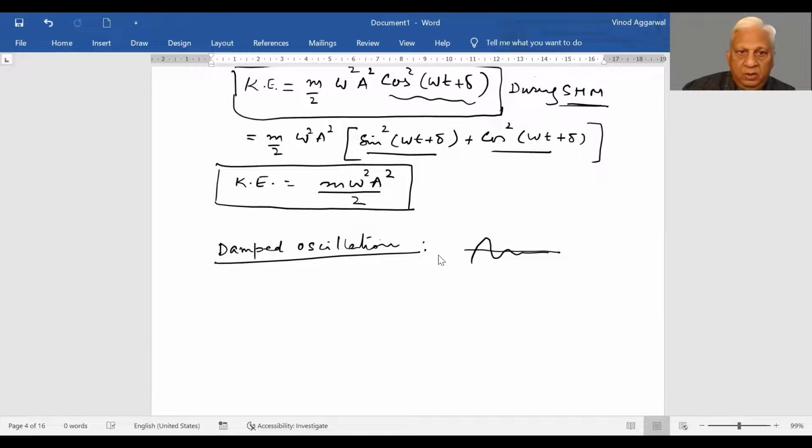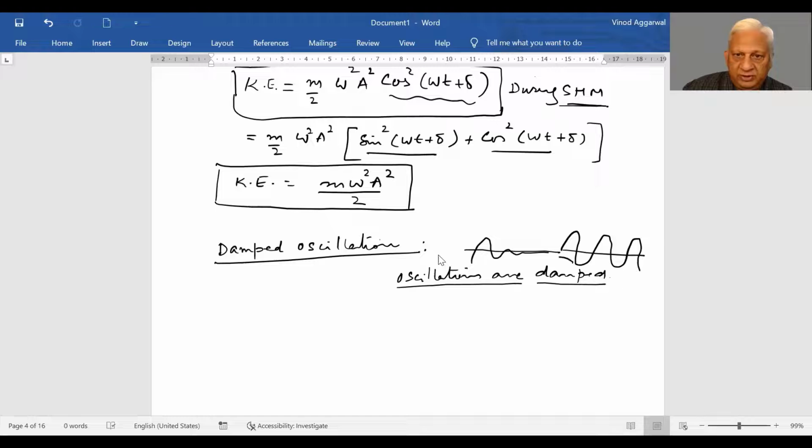Why is it so? It is because your oscillations are damped. Imagine if you got a bump and you kept on going like this, you would be miserable. So what is done is, in a shock absorber system or a suspension system, you have a mechanism which dampens the oscillations.